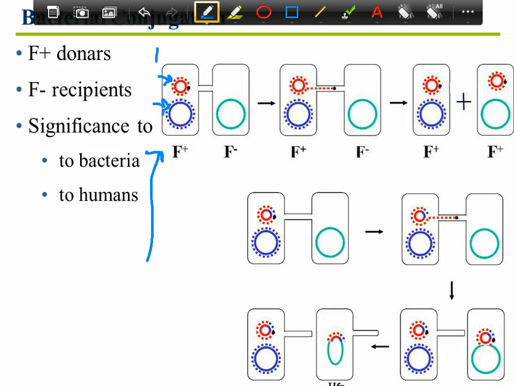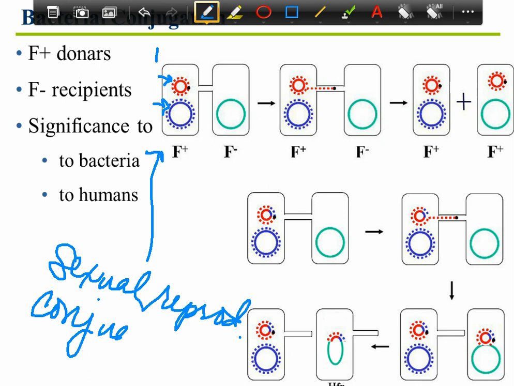During this process that you see called sexual reproduction, also called conjugation, same conjugation, same thing, two different ways to say it, a pilus attaches to a new cell. Now, this pilus came from the cell on the left. It had a fertility gene on the plasmid. That fertility gene codes for the production of a pilus.